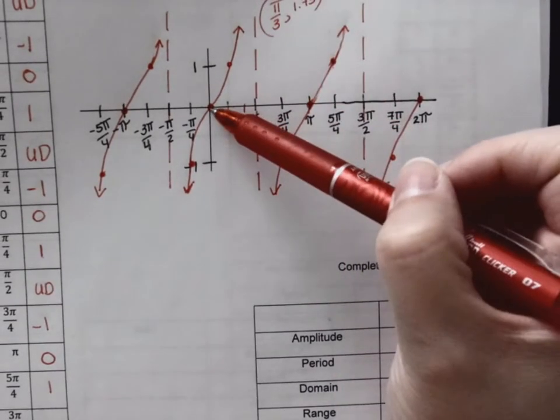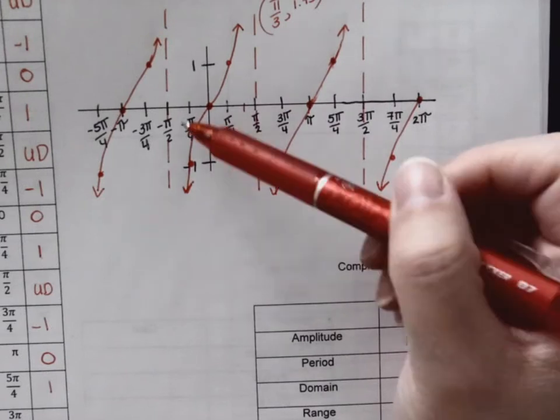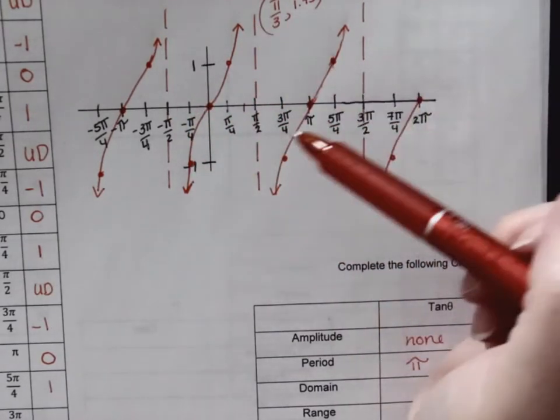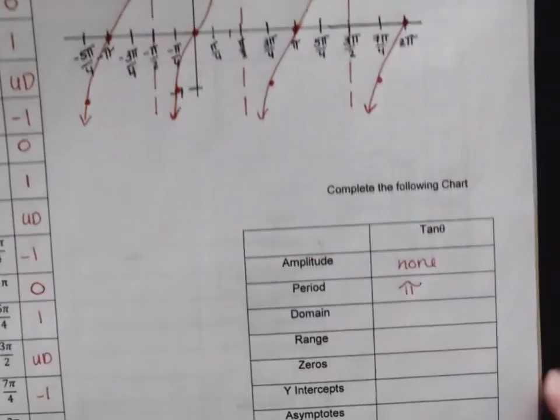I don't have a maximum because it goes on forever, and I don't have a minimum. But it continues, this pattern repeats every pi. Because you don't have a max anymore, just by looking at the graph every single time, look between your asymptotes.